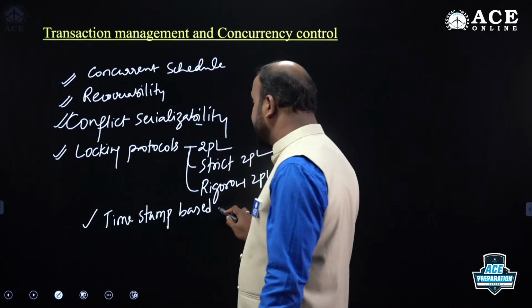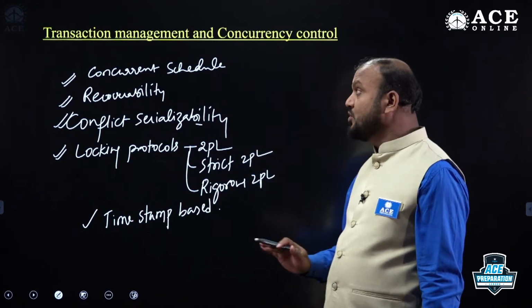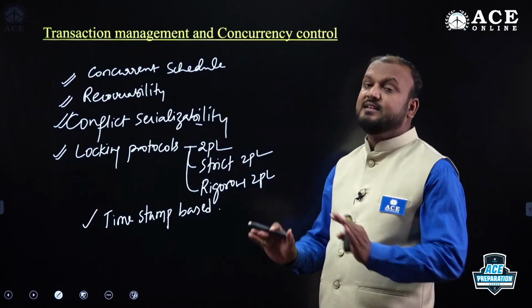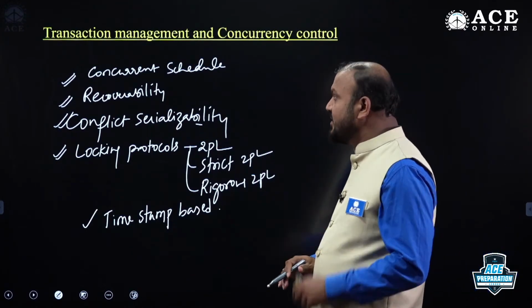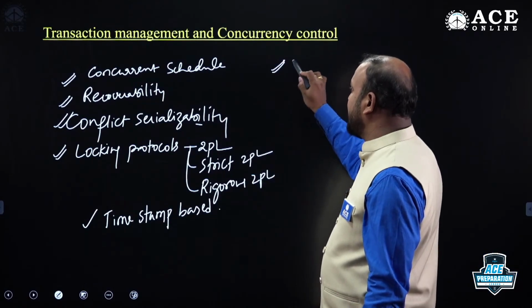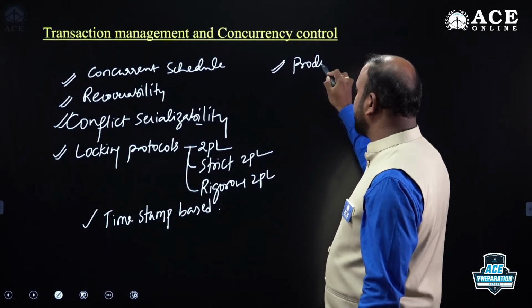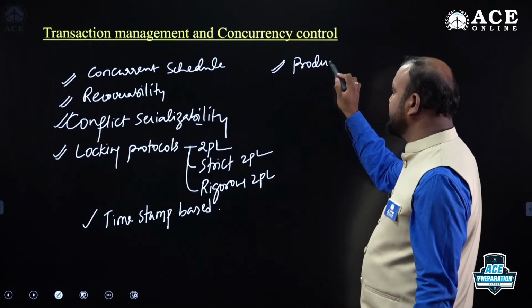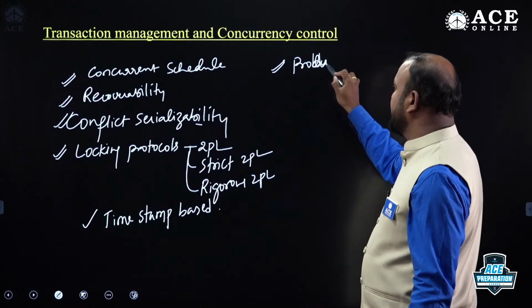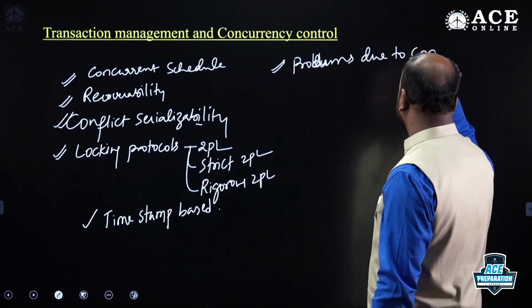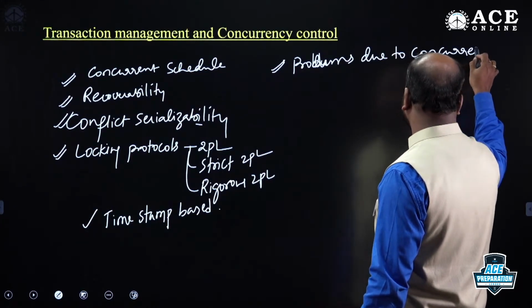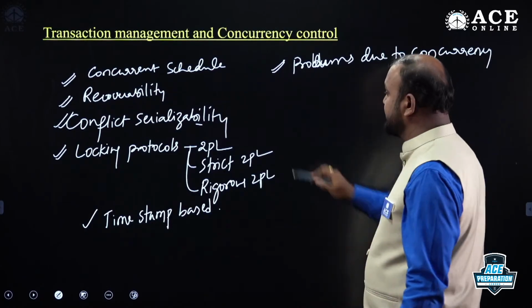But there is a lot of scope for asking untapped area questions on transaction management and concurrency control. Why? Because on problems due to concurrency, concurrency problems, questions are not asked.